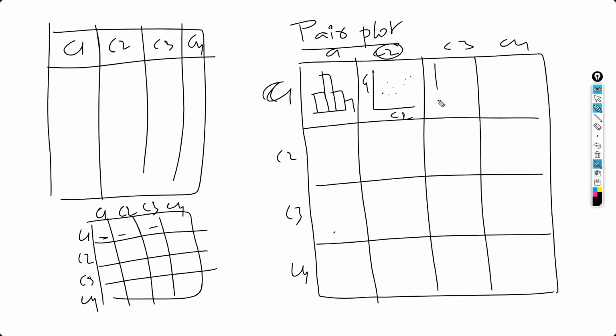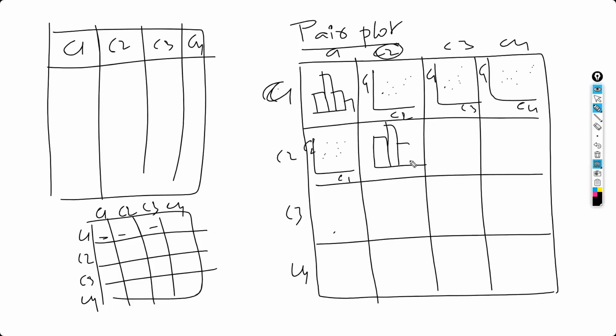Now tell me guys, what are you going to get here? Either scatter plot or histogram, only two options. Scatter plot, with C3 on x-axis and C1 on y-axis. Next, scatter plot with C4 on x-axis and C1 on y-axis. Again scatter plot. Then C1 on x-axis and C2 on y-axis, scatter plot. What is this one?